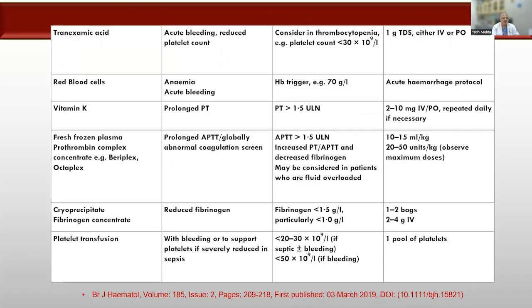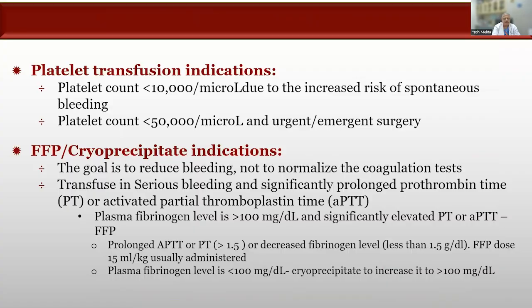FFP or cryo if you have, or Octaplex if you don't want to give too much volume, that is factor 3 or 4 PCC, prothrombin complex concentrate, if the APTT or PT is prolonged. And then cryoprecipitate or fibrinogen concentrate if available, if fibrinogen has been demonstrated to be low. Low is less than maybe 1 gram. And platelet transfusion, I'll come to that later.